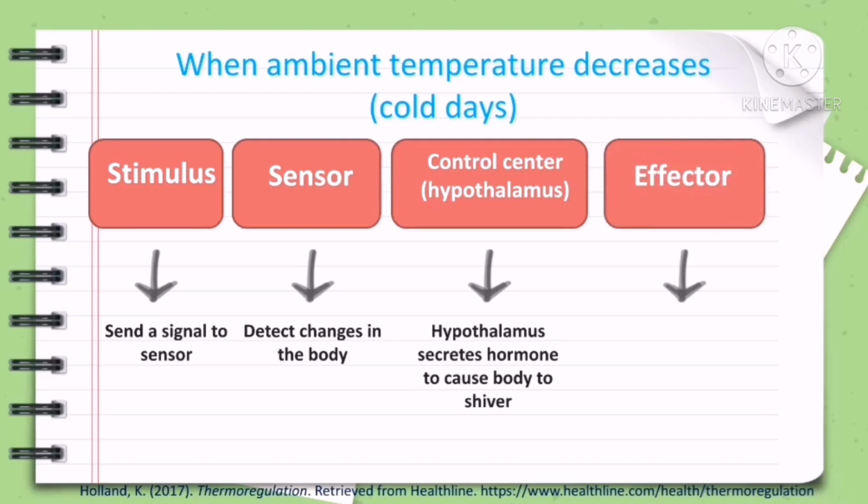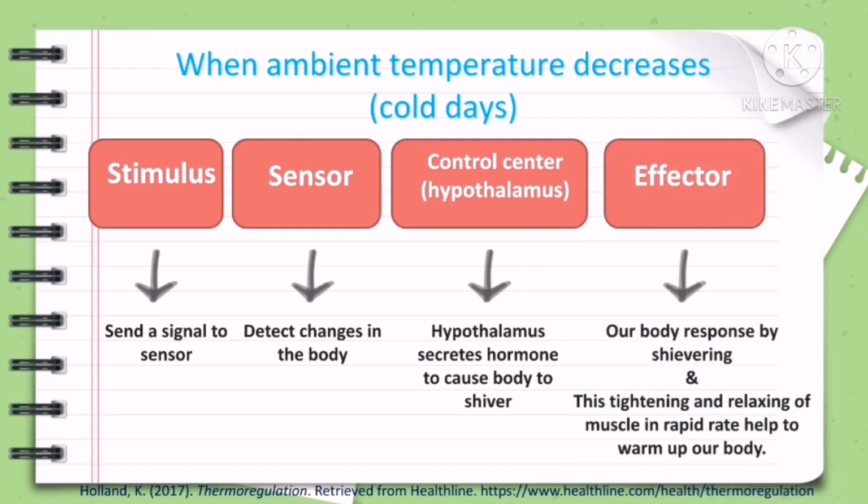And the last one, our body will respond by shivering. This tightening and relaxing of muscle at a rapid rate helps to warm up our body. This will increase our internal temperature back to normal, and our internal environment will be maintained by homeostasis.